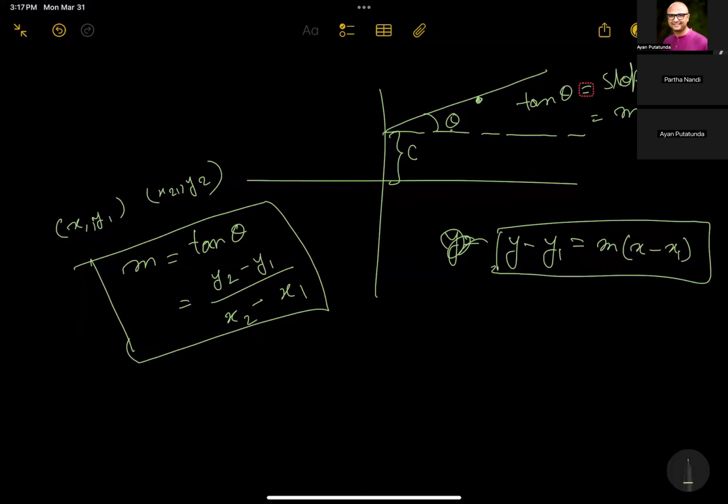Because when we learn machine learning, this concept of slope, or tan theta, or reading points in a coordinate system is extremely important. We might cover this multiple times, and in many places they give a particular point or one or two points, or we have to calculate the distance between them, like the Manhattan distance.